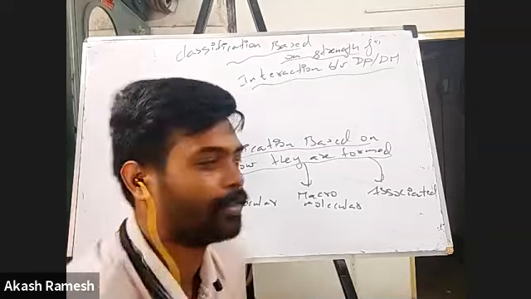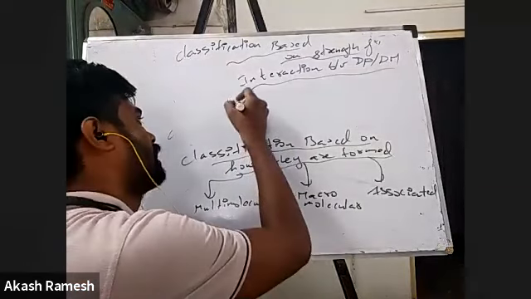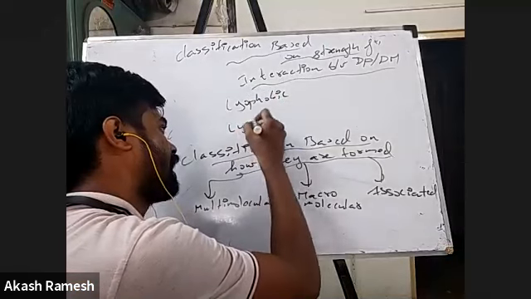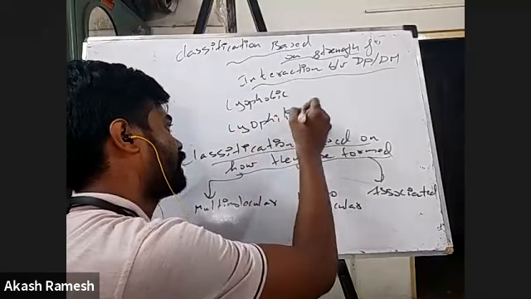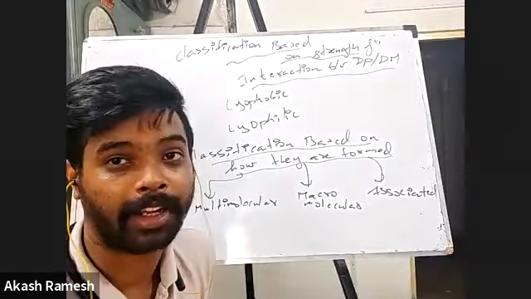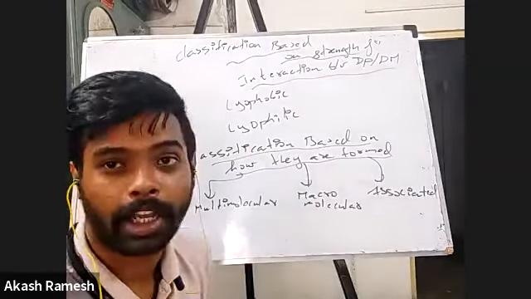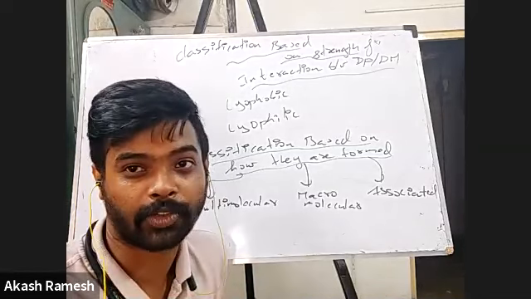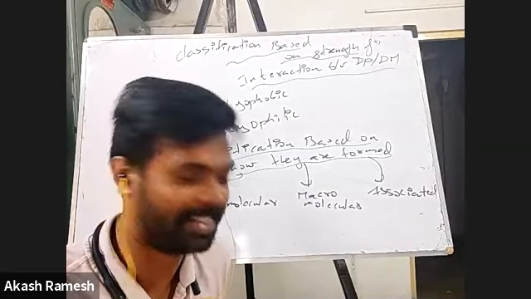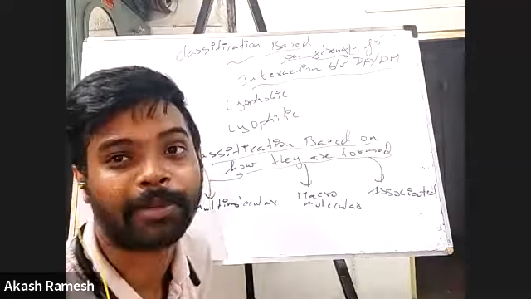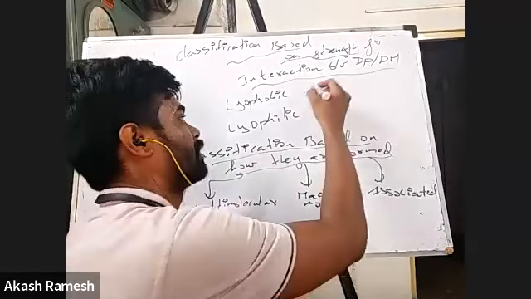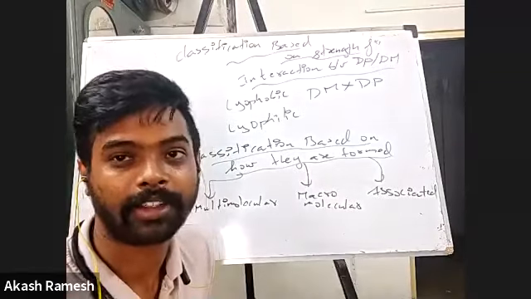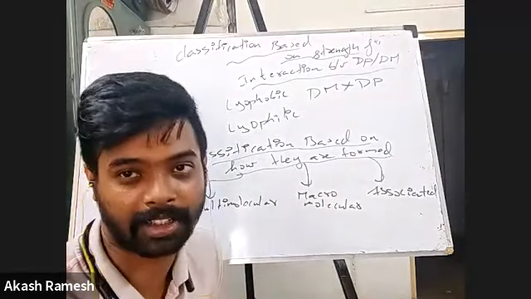So based on that, I have 2 types. The first one is called lyophobic colloids. The second category is lyophilic colloids. From the name you can understand phobia, like girls phobia or boys phobia. So lyophobic means the dispersed medium and dispersed phase hate each other. I put a cross mark indicating that they hate each other, but they still stay together.